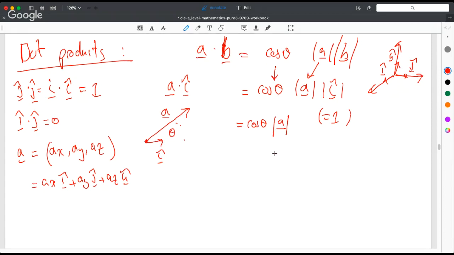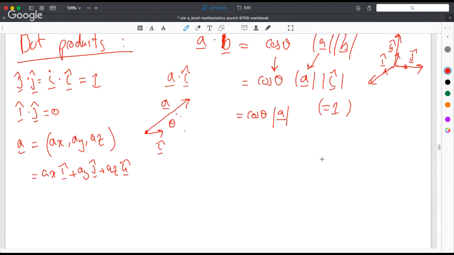If we think back to trigonometry and triangles, imagine we have a triangle with side length A. I haven't drawn it as a vector, but you could think of it as a vector, and it has some angle theta. Then if we use our trigonometry, cosine theta equals the adjacent over the hypotenuse. Is that a good way of thinking about it? Yeah.